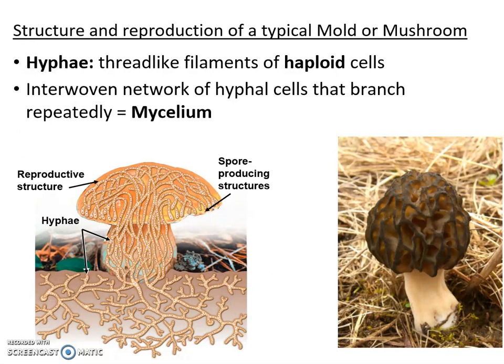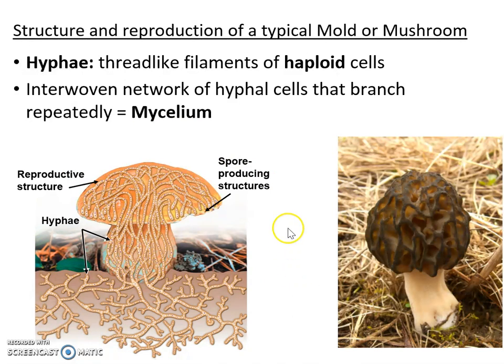So members of the fungus kingdom can actually make spores that can be produced either asexually through mitosis, or sexually through meiosis. The other term associated with the fungus kingdom is this: when you grow as hyphae, you tend to make a network of a whole bunch of hypha cells. You can think of them kind of like threads that make up a rug.